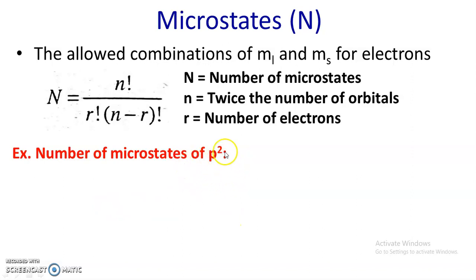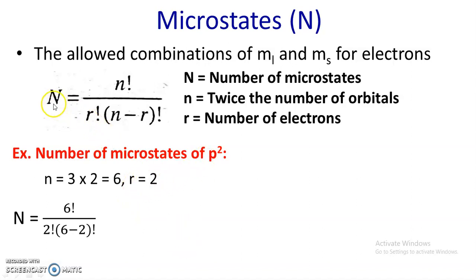In p2 configuration, 2 electrons are present in the p subshell, and in the p subshell there are 3 p orbitals, px, py and pz. The value of n, twice the number of orbitals, is 3 into 2, equal to 6, and the value of r, the number of electrons, is 2.